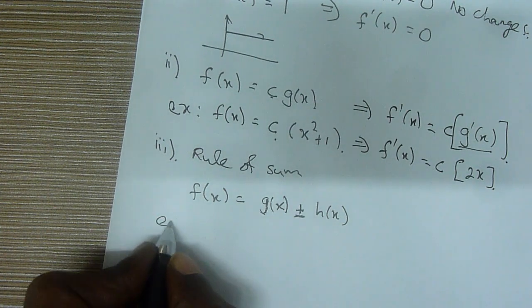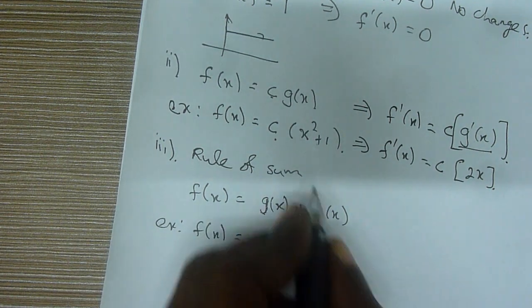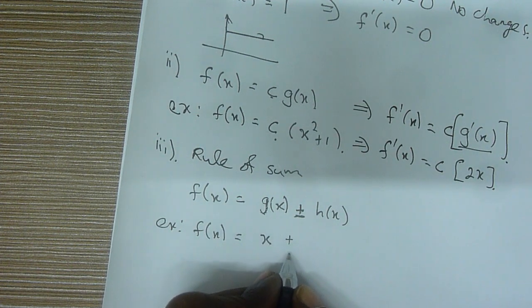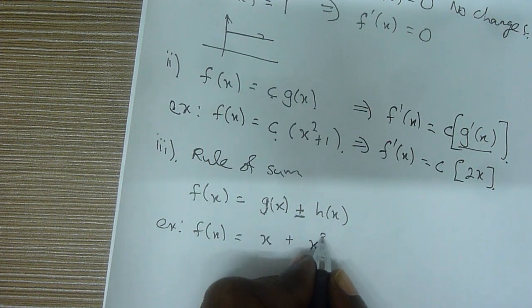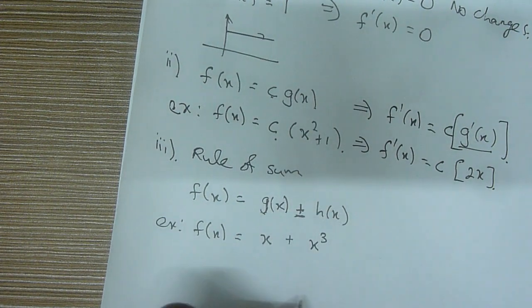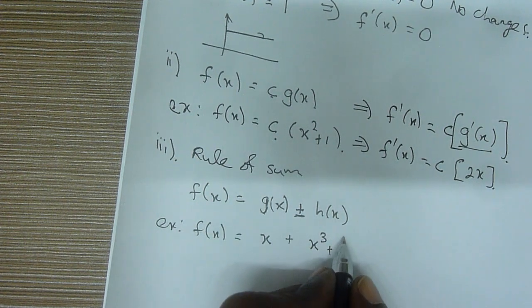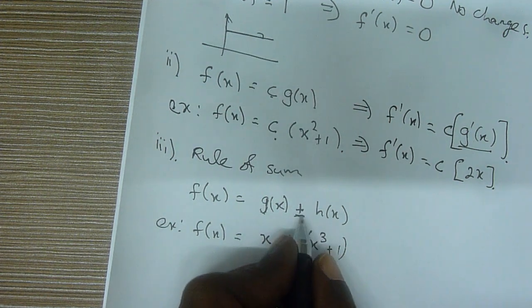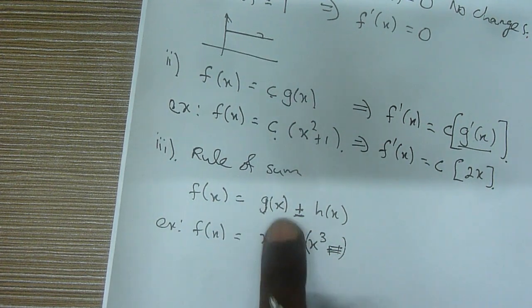I'll just pick a simple example: this can be x, and this can be x^3, or plus 1. I don't want to place plus 1 here because I wanted to show the example here to say that it is representing two functions.